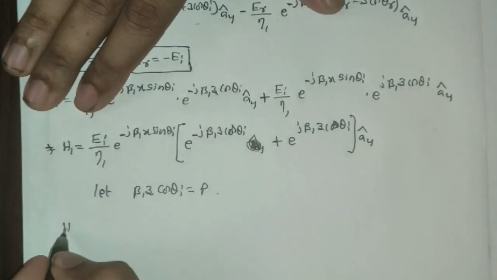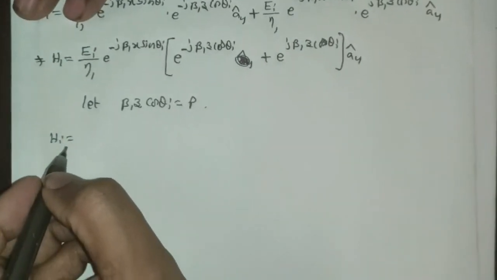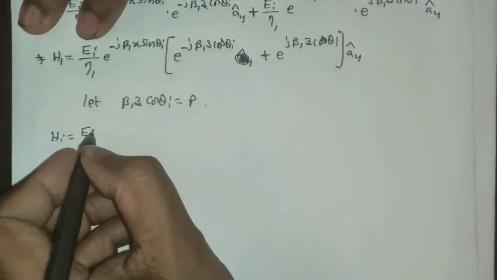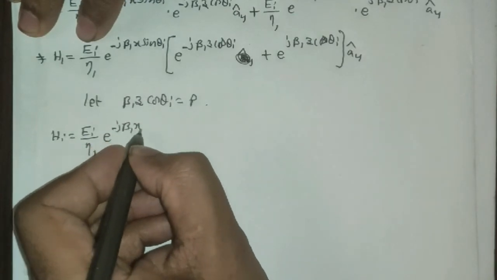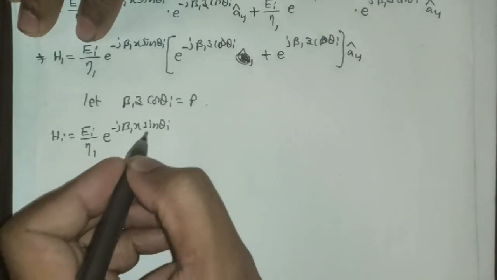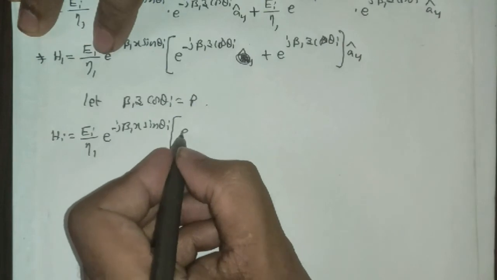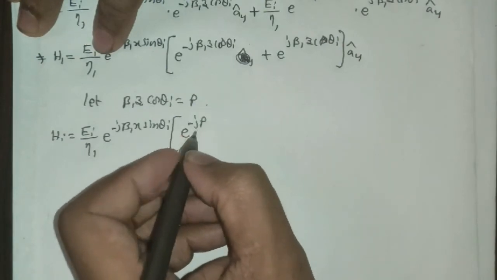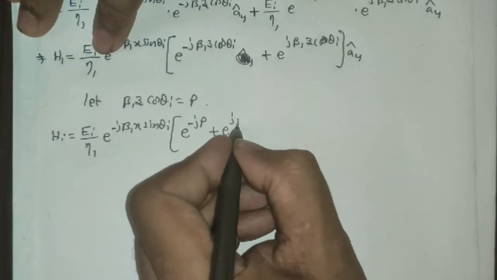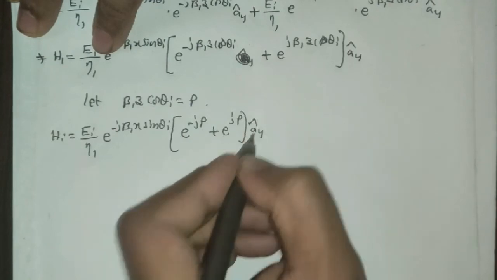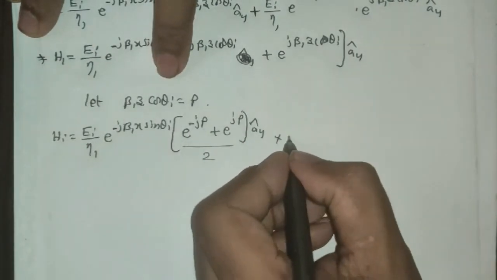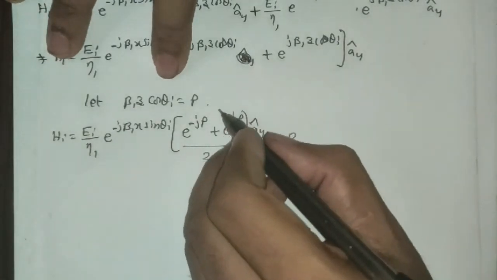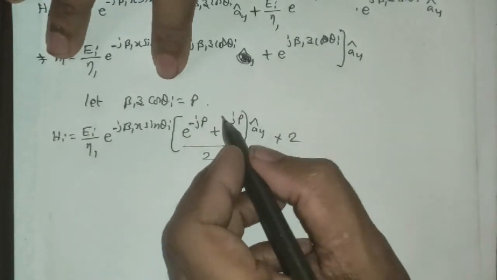Then the magnetic field equals EI by eta 1 into e to the power of minus j beta 1x sin theta I into, e to the power of minus jp plus e to the power of jp, into ay. Let us divide by 2 on both sides, multiplying by 2.